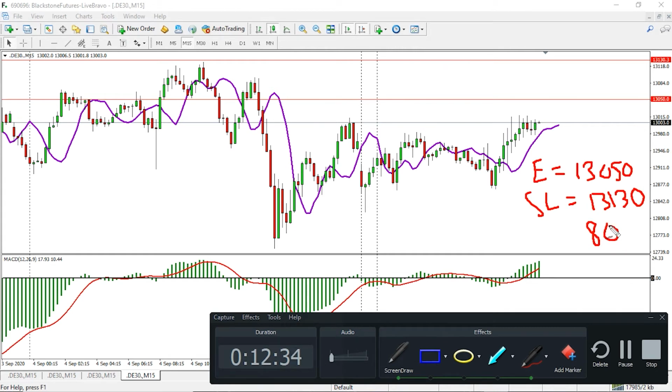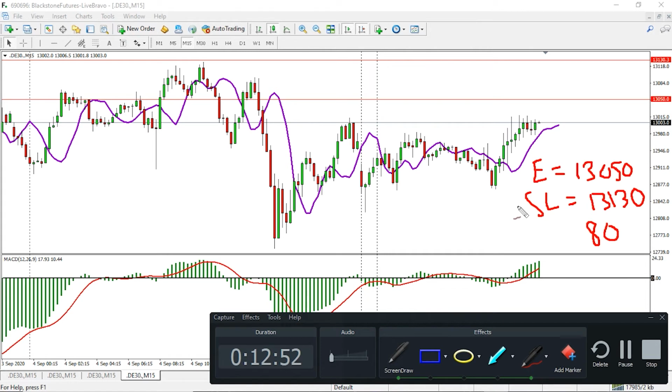Now in this particular strategy, I like to use a 1R take profit. When I say a 1R take profit, what I mean by that, guys, is for every point I'm risking, I want at least 1 point of reward.